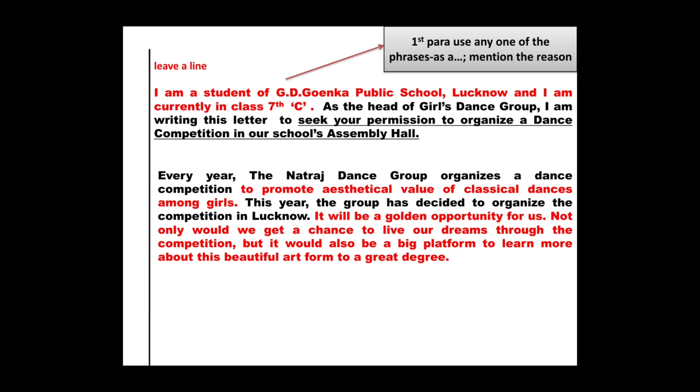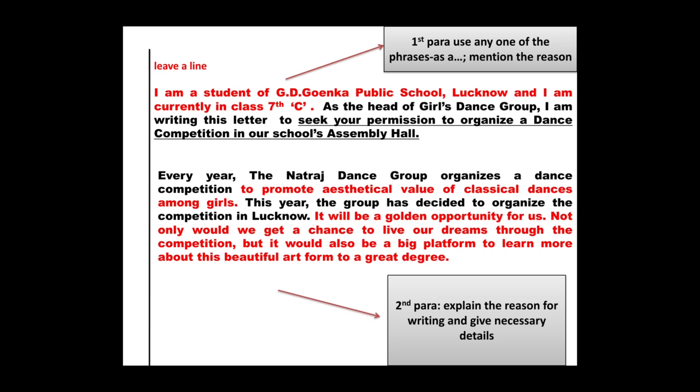Not only would we get a chance to live our dreams through the competition, but it would also be a big platform to learn more about this beautiful art form to a great degree. So, this is the second paragraph where we are explaining the reason for writing and giving necessary details.